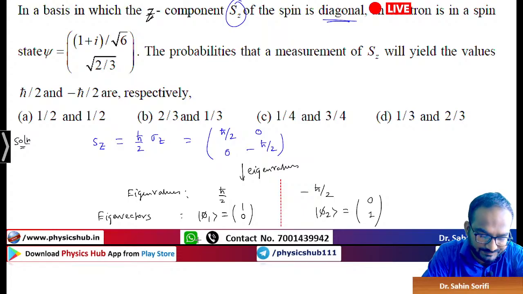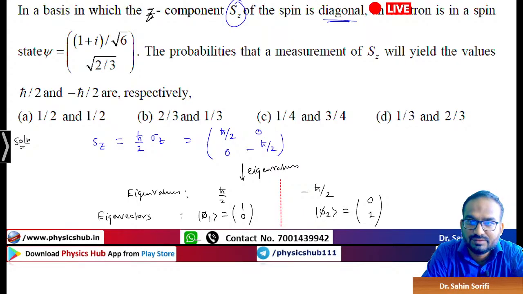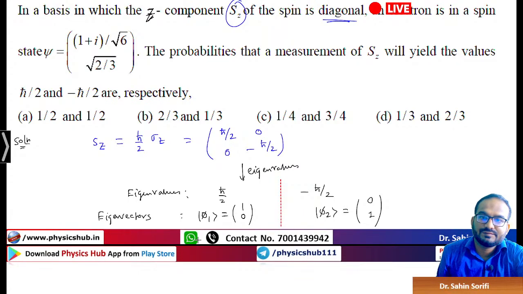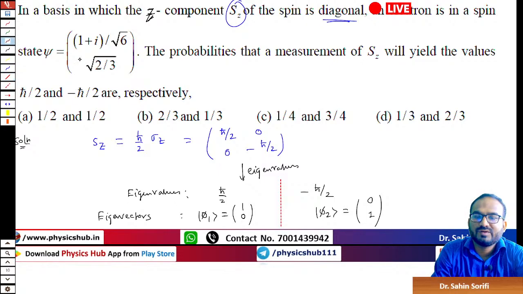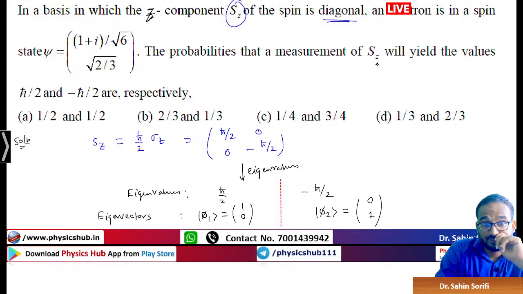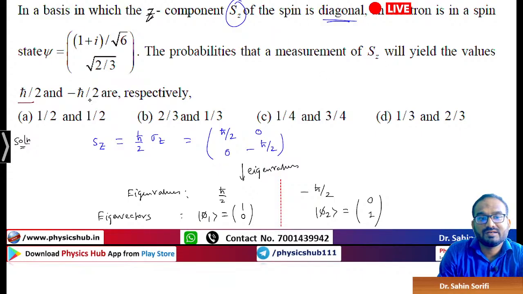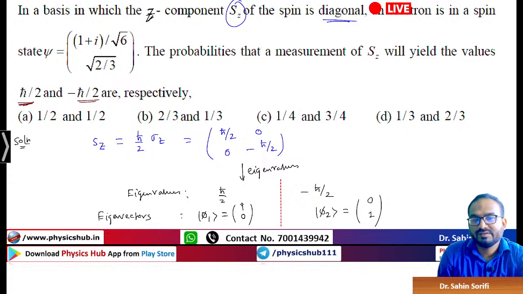Is it clear till now? Next, in the basis of this, an electron is in the spin state psi. So what is the probability of a measurement yielding these values h cut by 2 and minus h cut by 2? So h cut by 2 corresponds to phi 1 and minus h cut by 2 corresponds to phi 2.